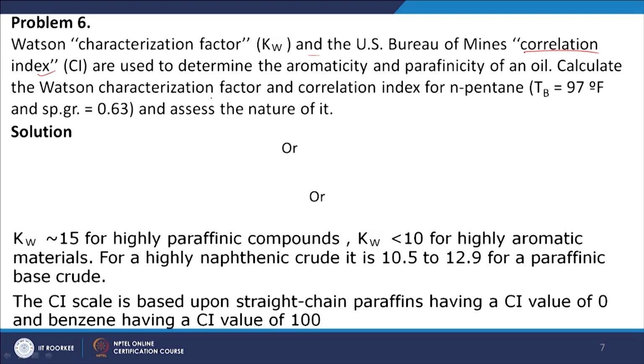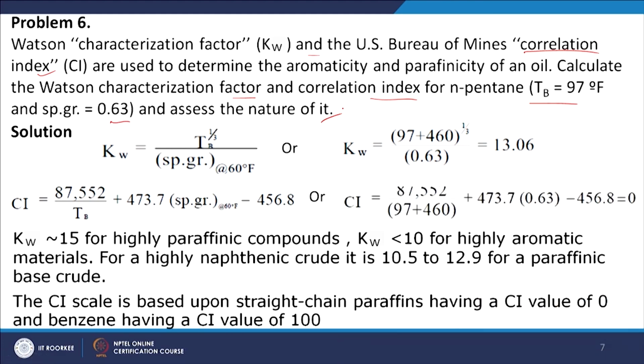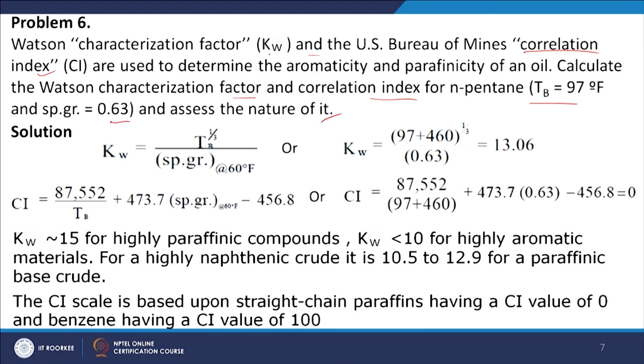Calculate the Watson characterization factor and correlation index of n-pentane, where Tb is 97 degree Fahrenheit, Tb being the true boiling point, and specific gravity is equal to 0.63, and assess the nature of it. So, what type of compound is n-pentane? On the basis of the values which we will calculate, that is Kw and CI, we can predict it.